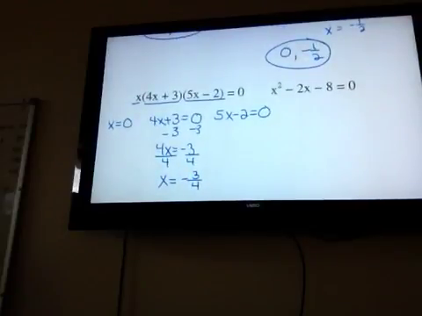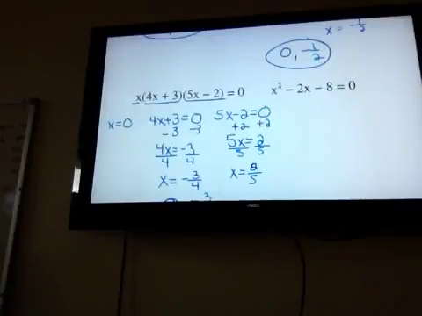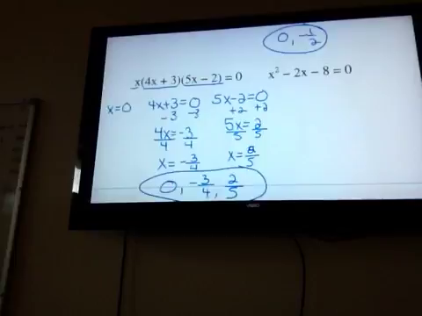And on the third one, I'll add my 2. And divide by 5. So I get 3 solutions. 0, negative 3/4, and positive 2/5.